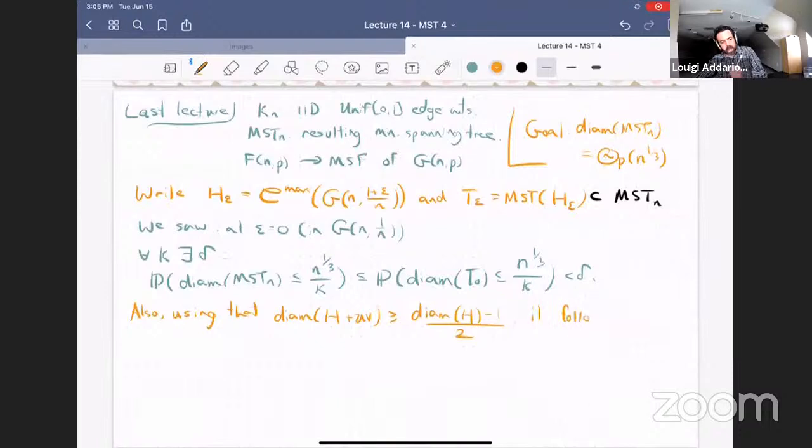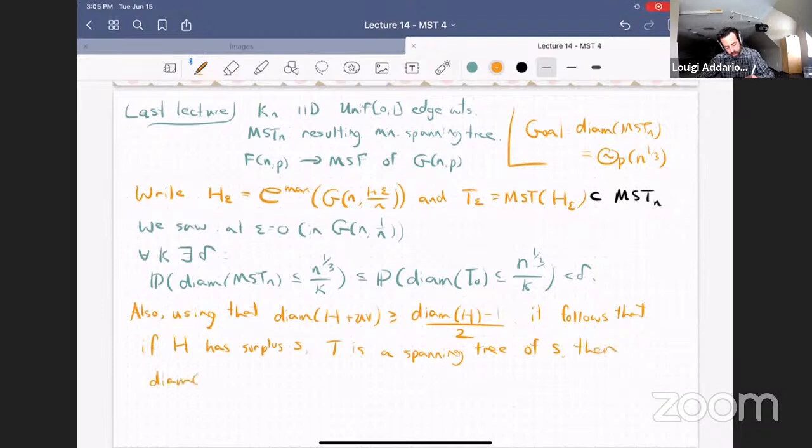Using that, just by repeatedly applying it, thinking about deleting a sequence of edges, you can prove that if H has surplus s and T is a spanning tree of H, then the diameter of the tree is less than, say, 3 to the s times the diameter of the graph.